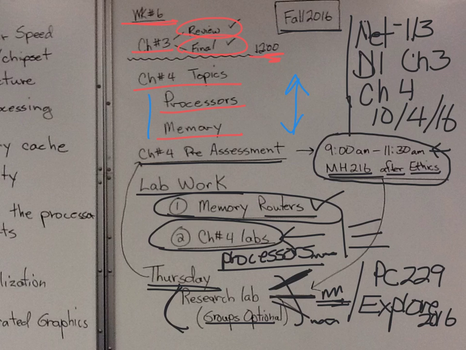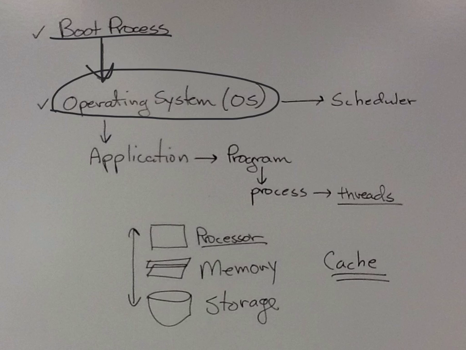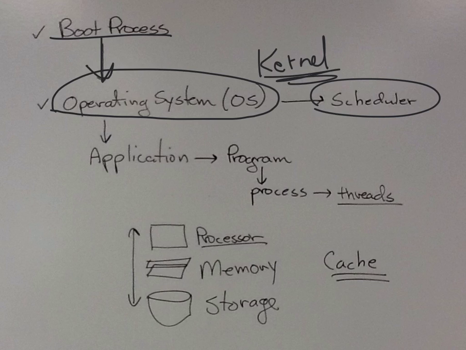All right. In a nutshell, we talked a little bit about the boot process. The system boots, gets an operating system loaded, and then the kernel of that operating system is resident and running in the computer, scheduling events. Then we talked about loading an application or program. The program comes off storage into memory, and then it functions as a process.